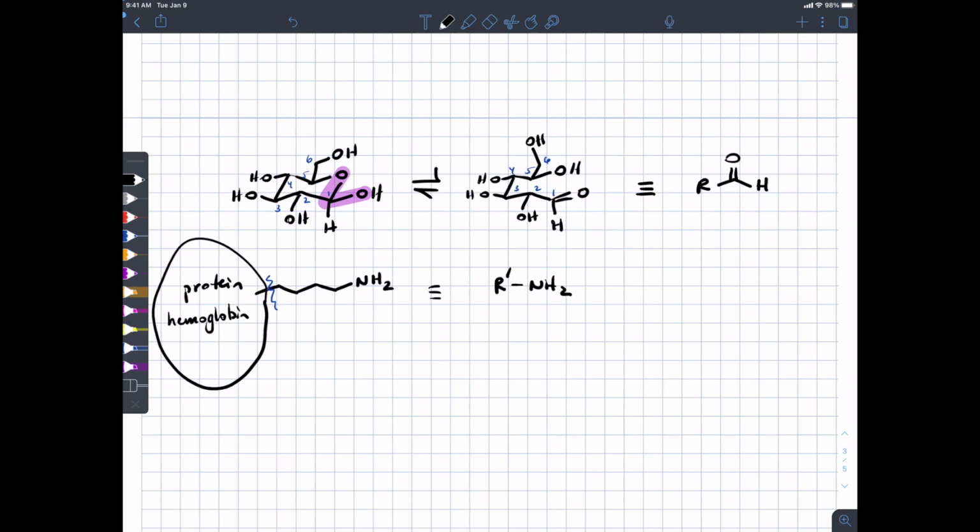So what can happen? The neutral amine probably doesn't attack the aldehyde first. Probably we need an acid catalyst, but at pH 7 there's enough hydronium present to protonate the carbonyl oxygen.